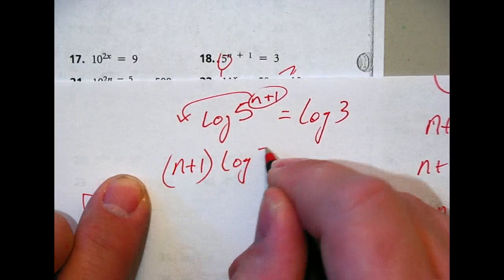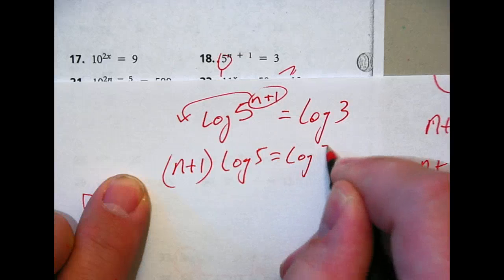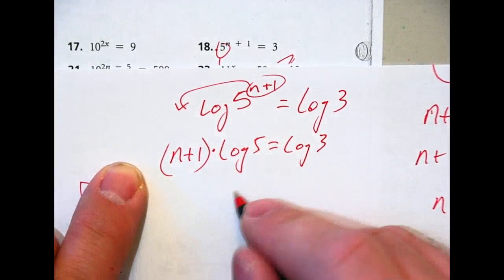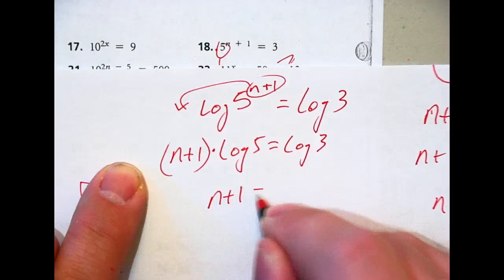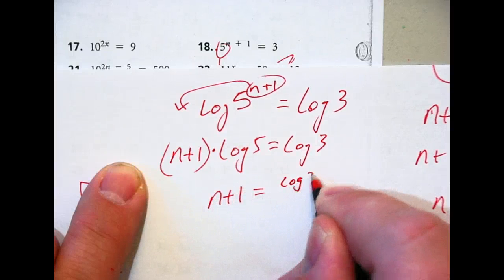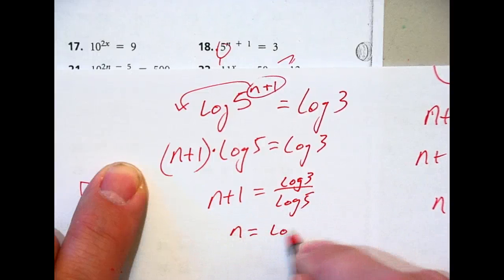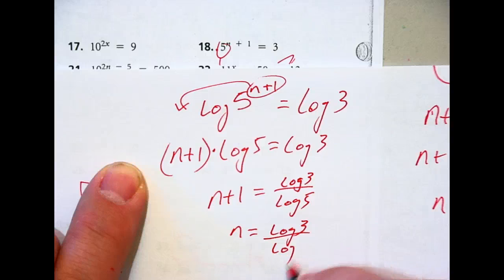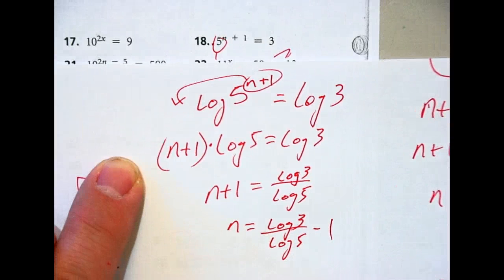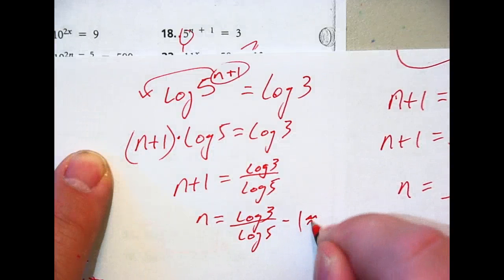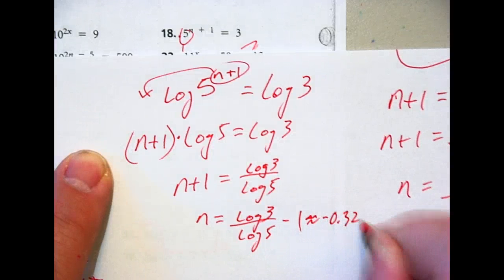And then divide, since we're multiplying here, divide by log 5. So we get n plus 1 equals log 3 over log 5. And n equals log 3 over log 5 minus 1. Which once again, you get our negative 0.32. So when I say impose the log, it means you're putting it in there. Yeah, that's what I did.